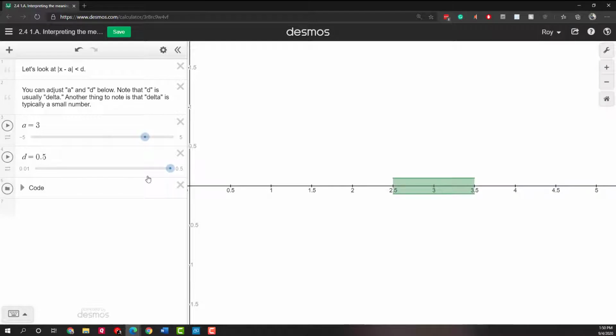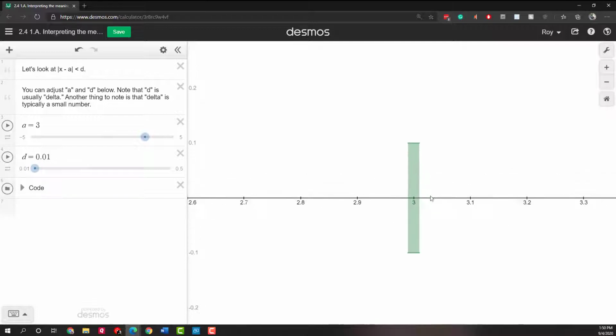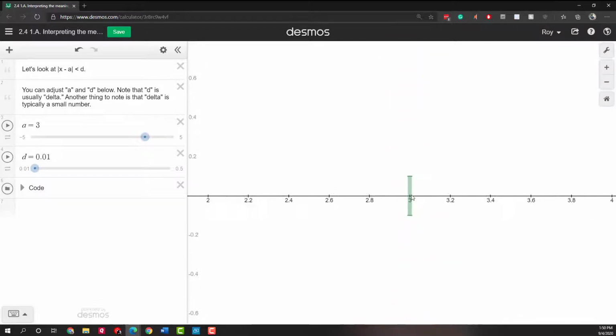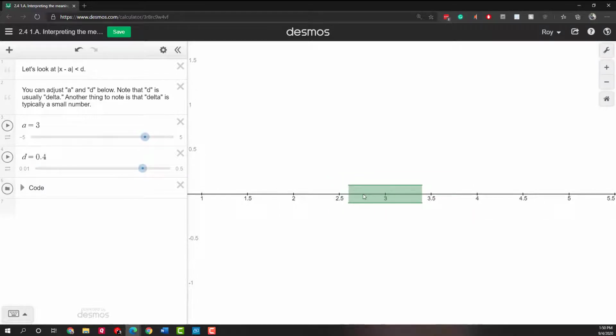Right now the distance is a half. So 3 plus a half, 3 minus a half. There's a little wiggle room on either side of 3 there. But I could tighten that up if I want to. I don't want to go all the way down to 1/1000th because I don't allow that in here. But you can get all the way down to 1/100th. That's pretty good. So there's a good visualization of what most mathematicians would call a neighborhood centered at 3. But there's a little bit more to it than just that.